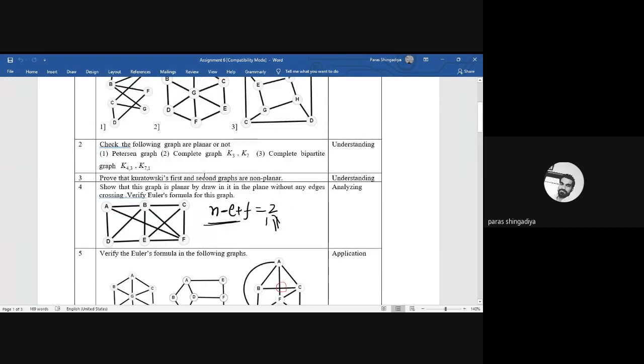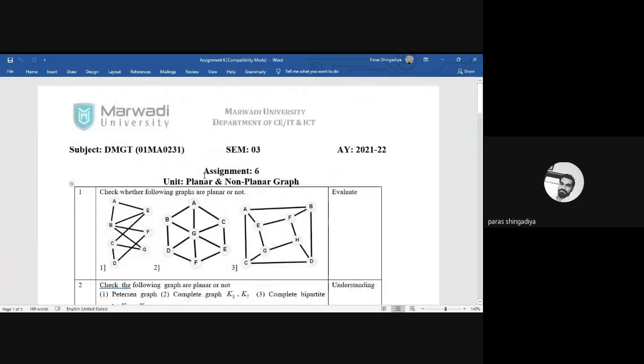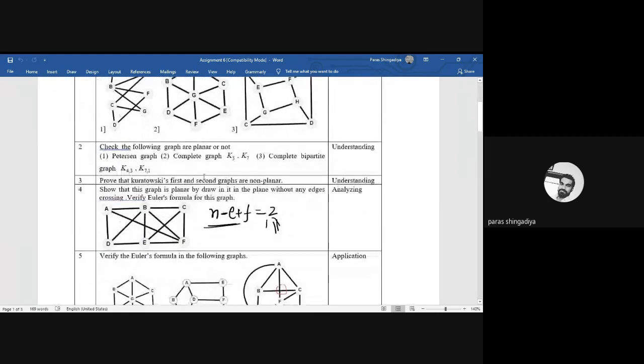Okay, so in the last lab, I think assignment 6 was going on. How many questions had you finished in the last lab from assignment 6?